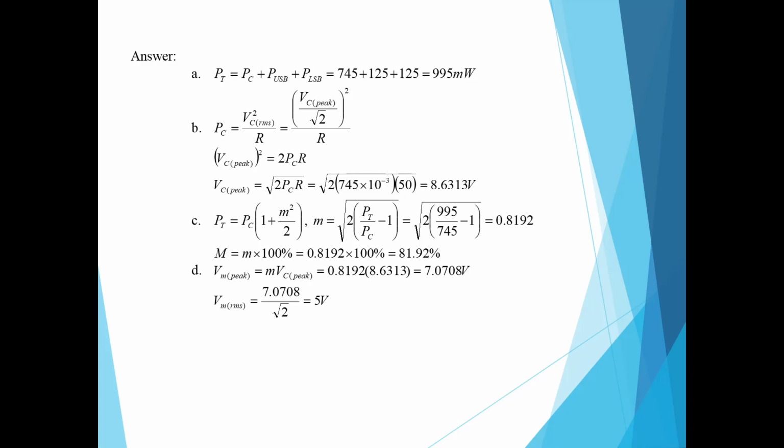So VC peak amplitude is equal to square root of 2 multiplied with 6.1032. So we get 8.6312.